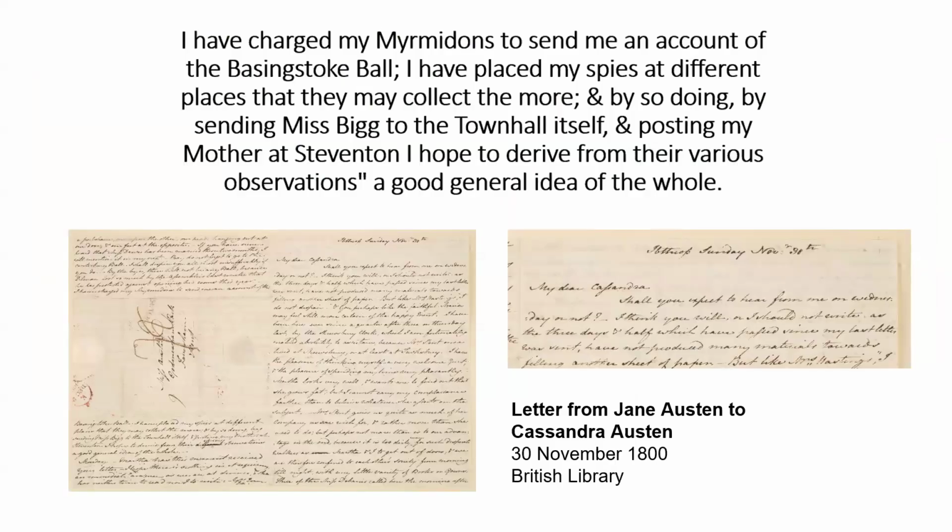And this is something I can well believe, by looking at some of Austen's own incredibly gossipy correspondence. This is a letter we have on display in the exhibition, written by Austen to her sister, Cassandra.